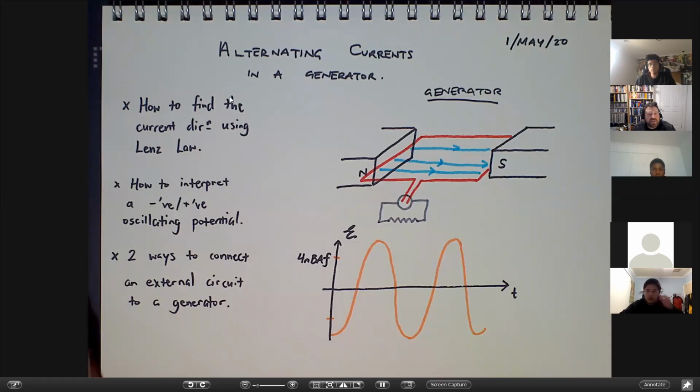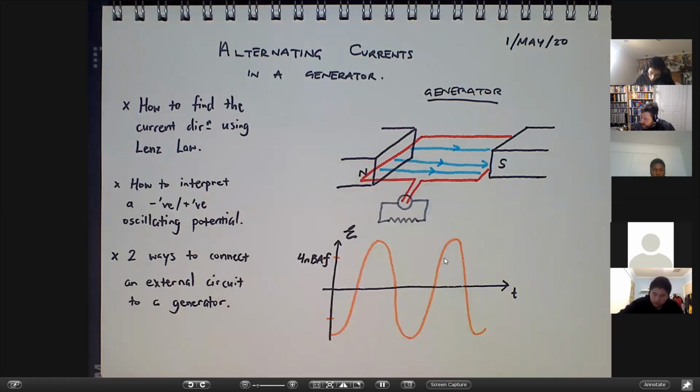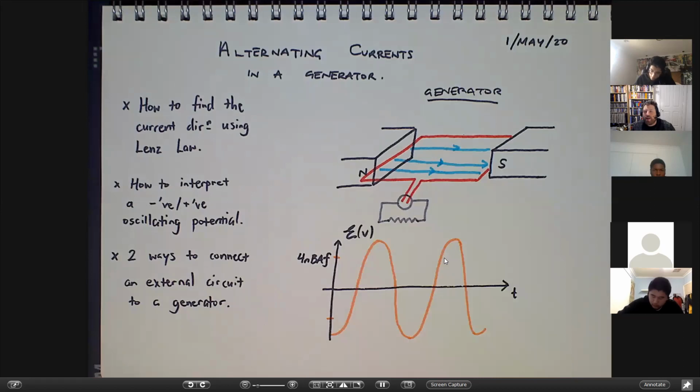Okay, so first off, how are we going to find the current direction through this loop? When we derive an EMF graph, that's telling us about potential, it's telling us about voltage. The units on here are volts. But when we look physically at a circuit, we want to know which way around the current is going, right?